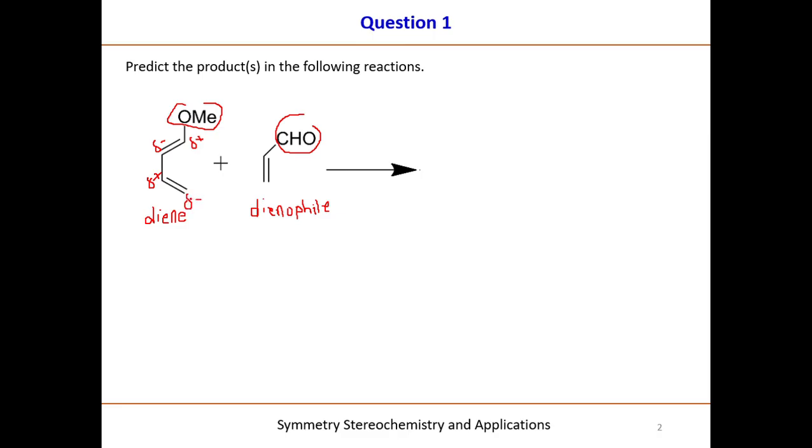While talking about the dienophile, you can see this is the electron withdrawing group, and this one is the electron donating group.